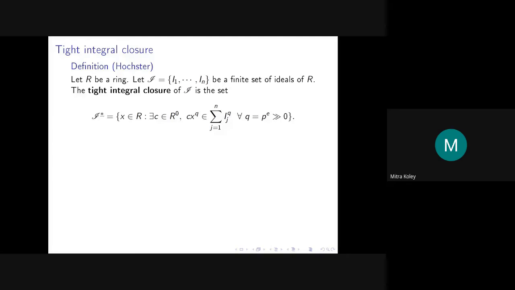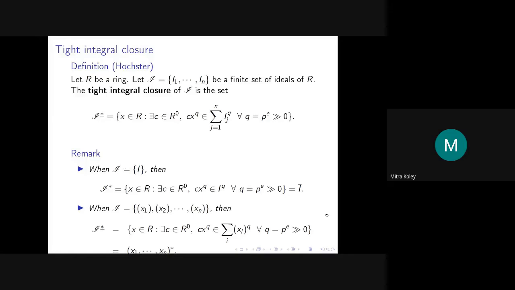The tight integral closure of script I is the set of all elements x in R such that there exists a c in R°, such that c x^q is in the sum of the usual powers I_j^q, and this should hold for all large enough q. Then it can be checked that the tight integral closure of script I is also an ideal.